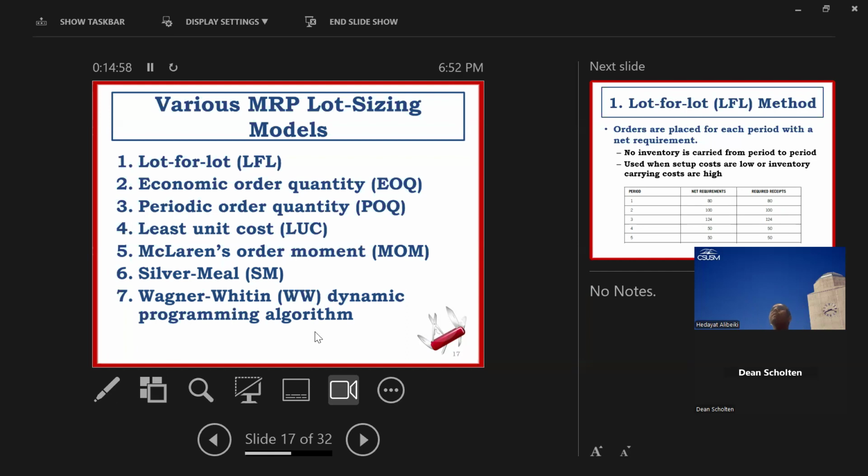These require additional computation, right? So you can't just say this is the quantity and put it there. For every week, we need to make these calculations and pick the right quantity.